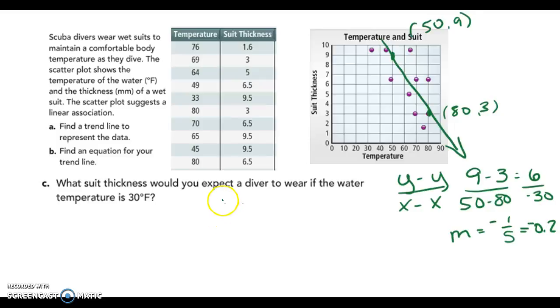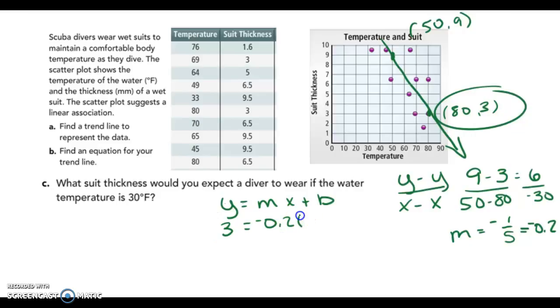So now I'm going to plug it all in. So y equals mx plus b. I'm going to plug in the y as 3, my m at negative 0.2, my x at 80 plus b. So here, 0.2 times 80 is going to be negative 16 plus b equals 3.